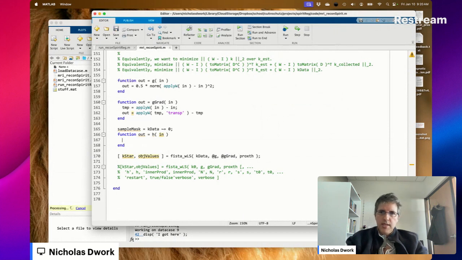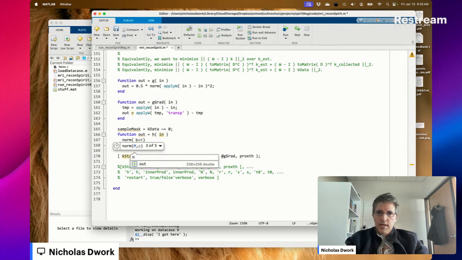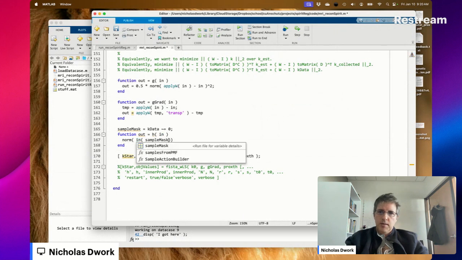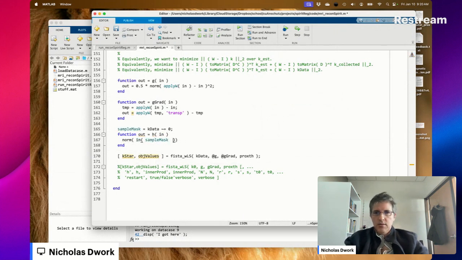So H means norm of in for sample mask equals 1. I wonder if I could just do sample mask. We'll do 1 for now.